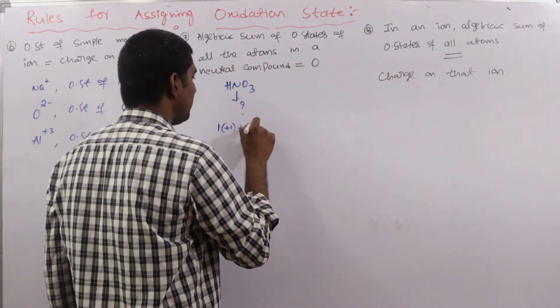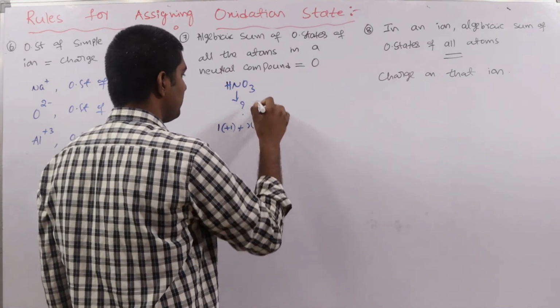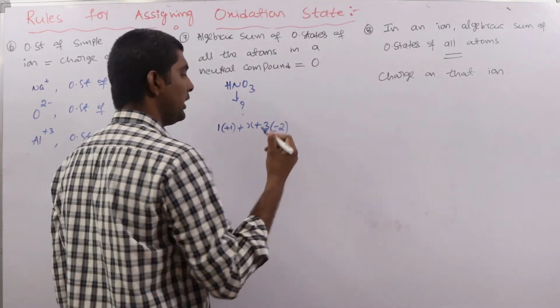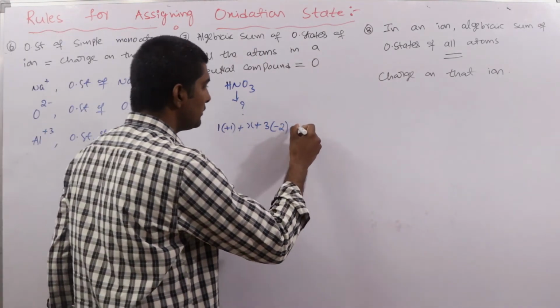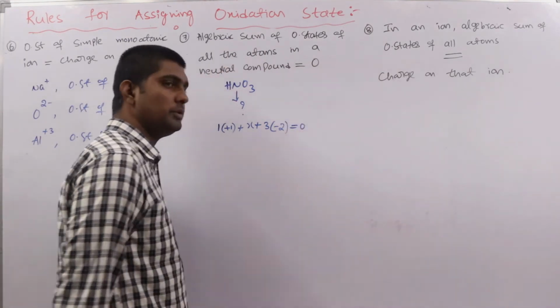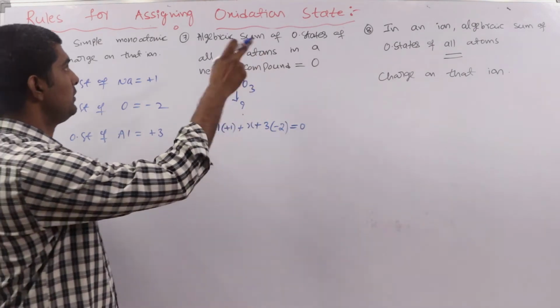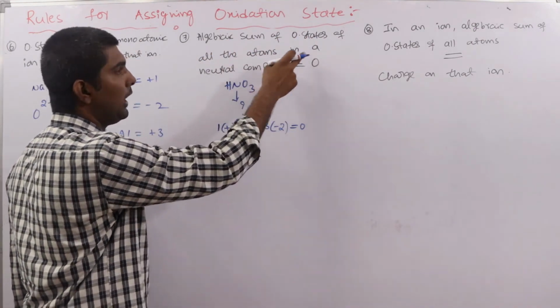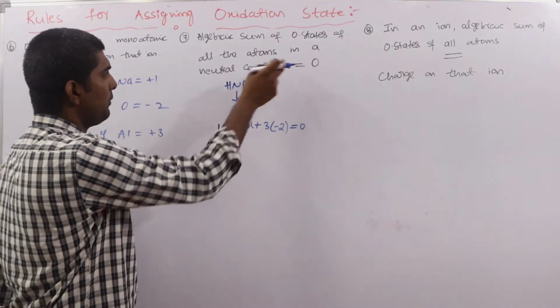One nitrogen, that we assume as X, plus we have 3 oxygens, each oxygen has -2 oxidation state, so this total should be equal to 0.